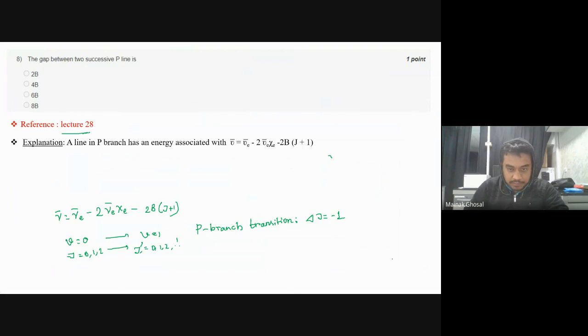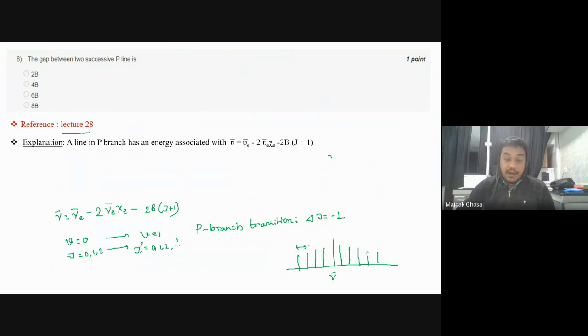Now, what about the next transition? If you see, this is the transition in nu bar. If it is the fundamental transition, this P branch transition will come here, and under this approximation, this is the R branch transition. You can see the lines in the P branch are equally spaced.